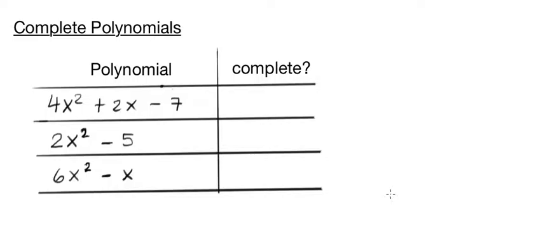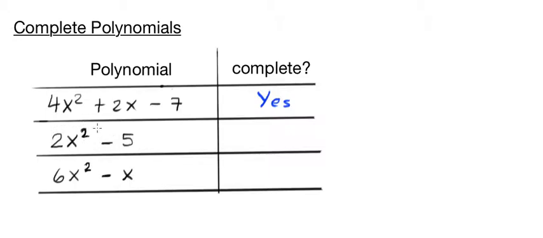But before we go to the next example, let me explain to you what is this idea of a polynomial being complete or not. A polynomial is complete if it has all its terms: constant term, linear term, quadratic term. For instance, this polynomial 4x squared plus 2x minus 7 is complete. However, when you look at this polynomial 2x squared minus 5, this polynomial is not complete.